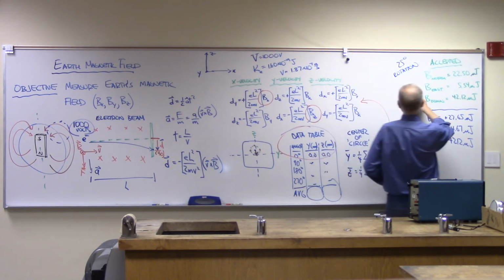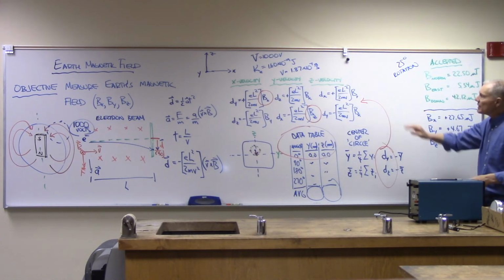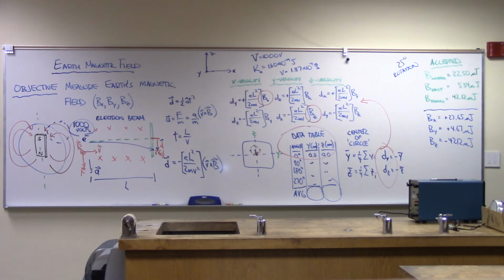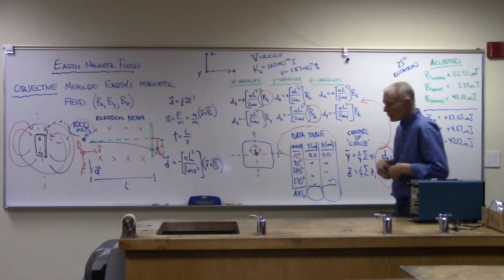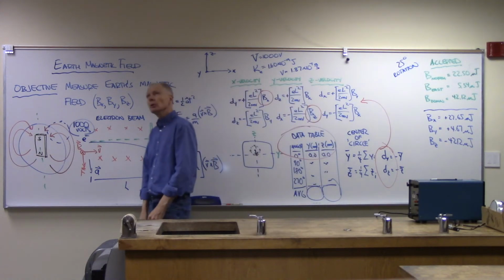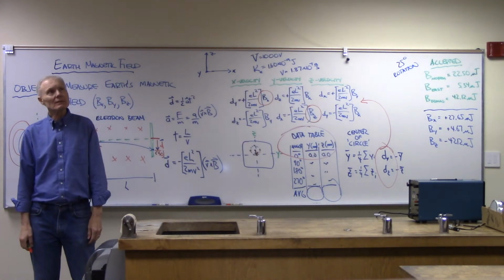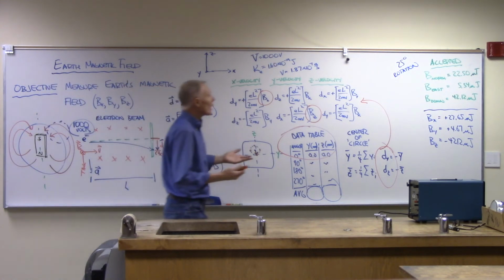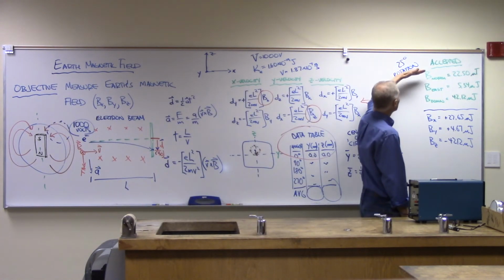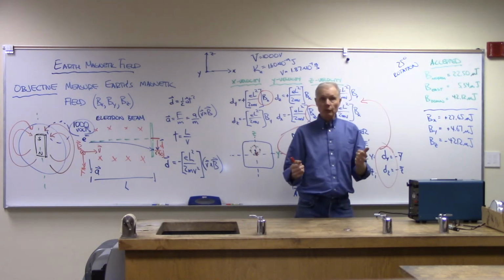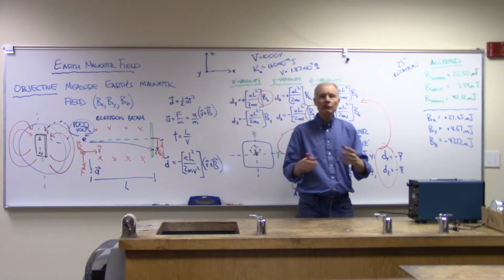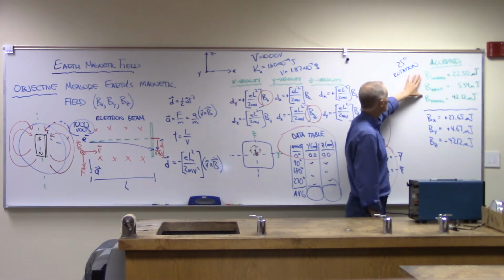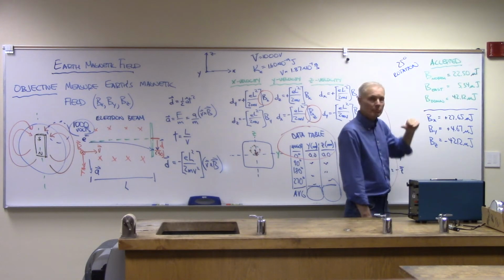Now, as far as accepted values, once we've got all the BX's, BY's and BZ's set up, we're ready to put them into some kind of results table. What can we compare with? So I went online to NOAA, the National Oceanic and Atmospheric Administration, and looked up our location. I gave Laney College's latitude and longitude, and it said what the magnetic field currently measured for this area is.